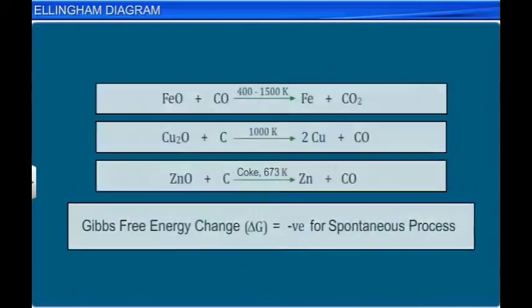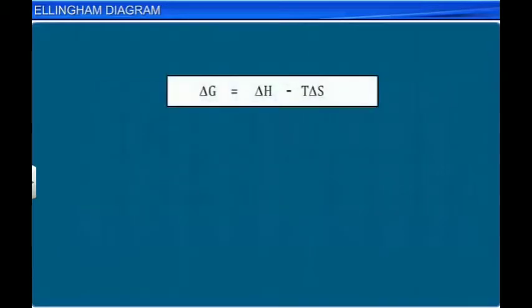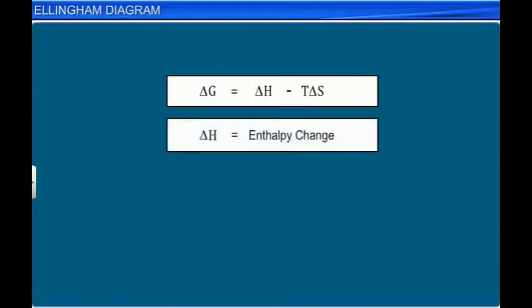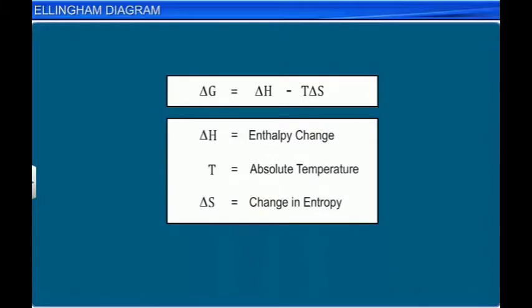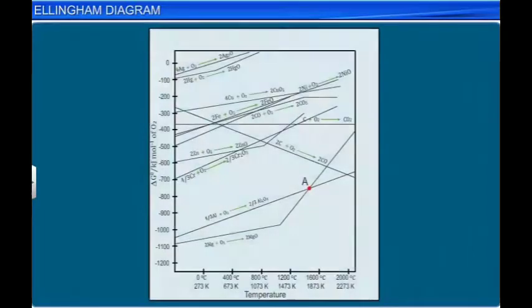Delta G for any process at a given temperature is given by delta G is equal to delta H minus T delta S, where delta H is the enthalpy change, T is the absolute temperature, and delta S is the change in entropy during the reaction.